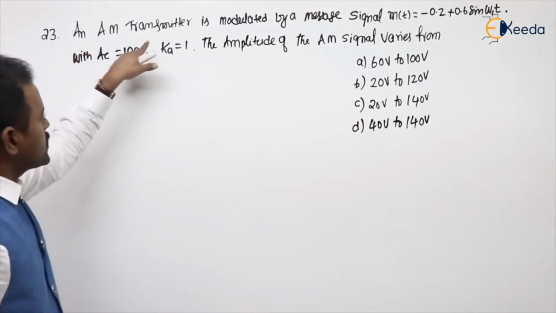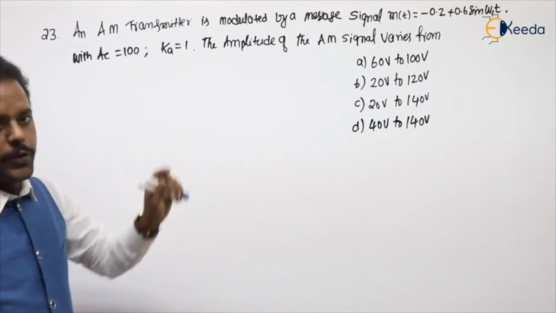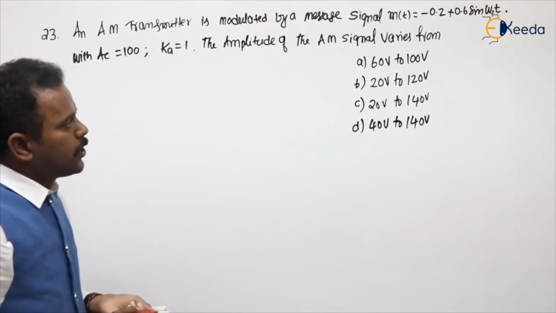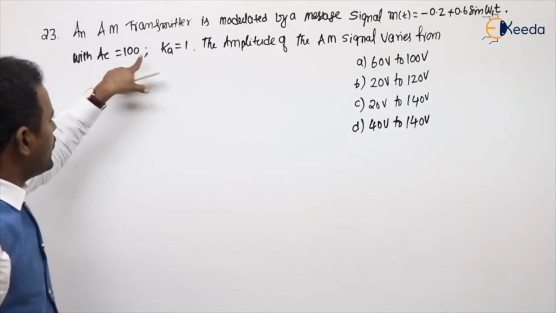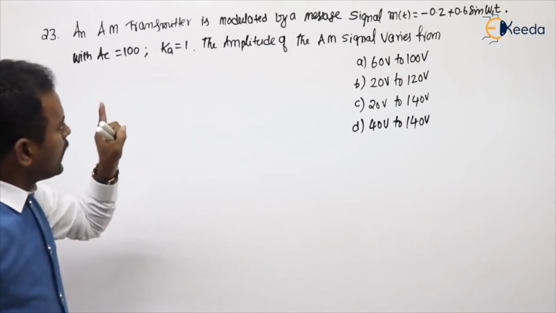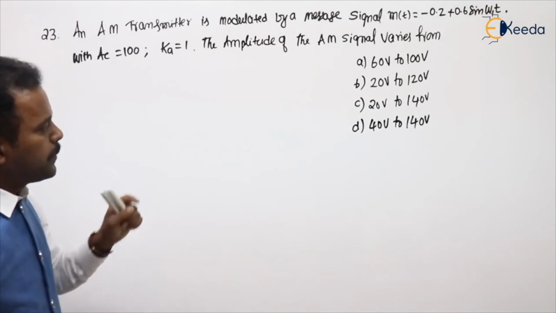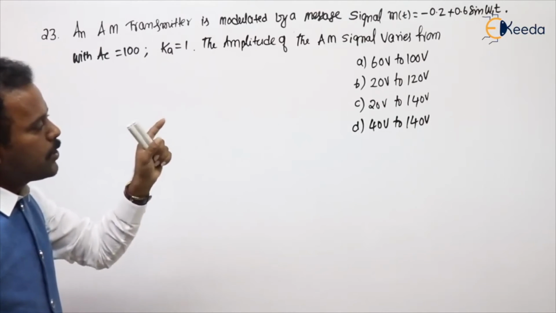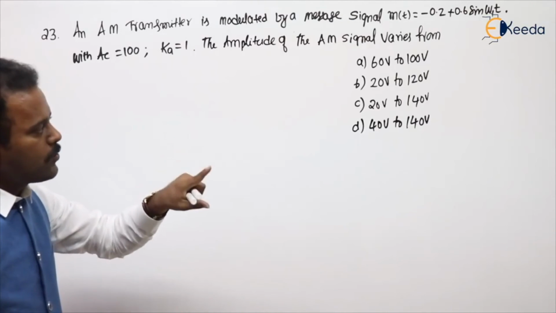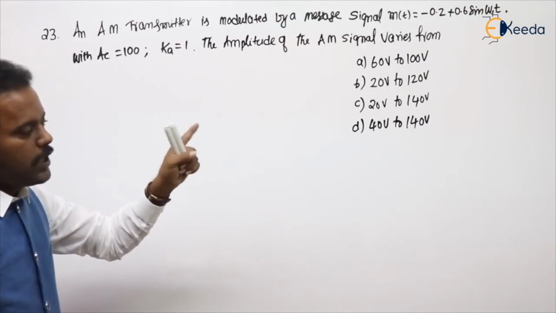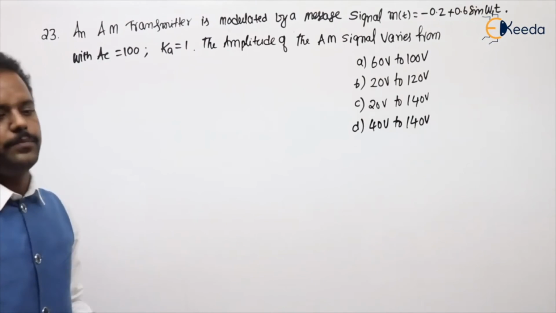An AM transmitter is modulated by a message signal m of t equal to minus 0.2 plus 0.6 sin omega 1t, with AC is 100, Ka value 1. The amplitude of the AM signal varies from: option A 60 volt to 100 volt, option B 20 to 120, option C 20 to 140, option D 40 to 140.